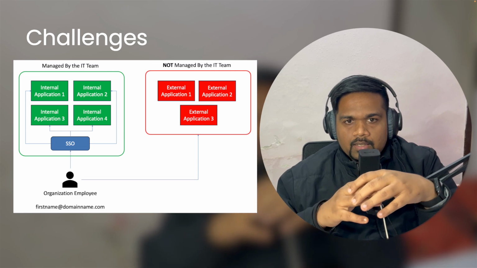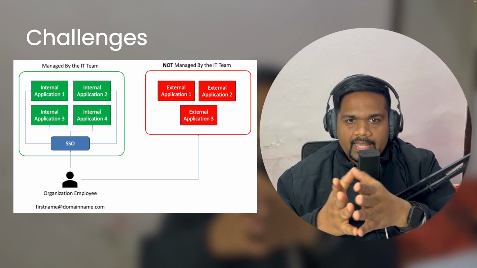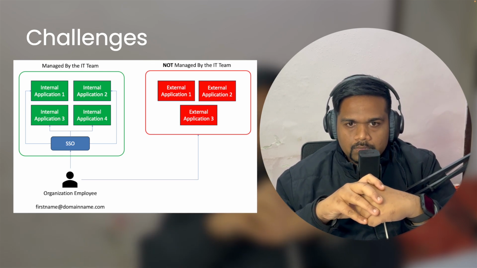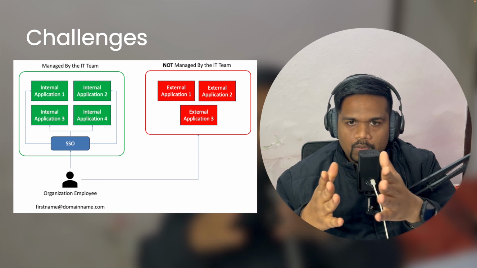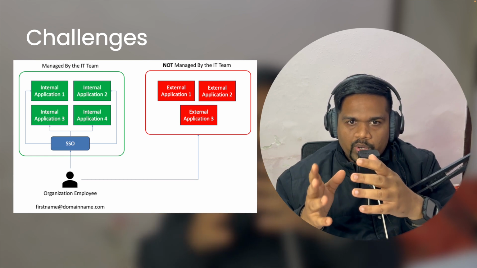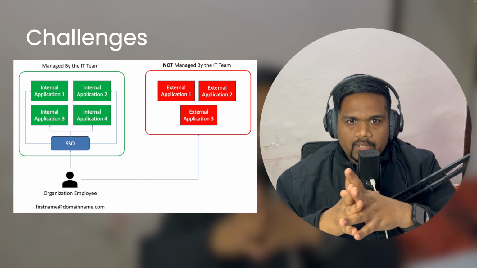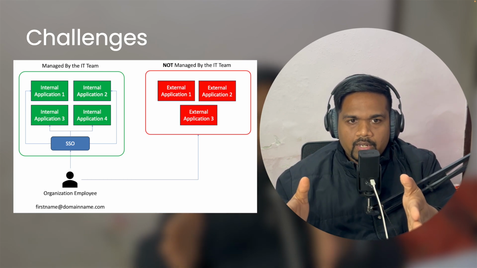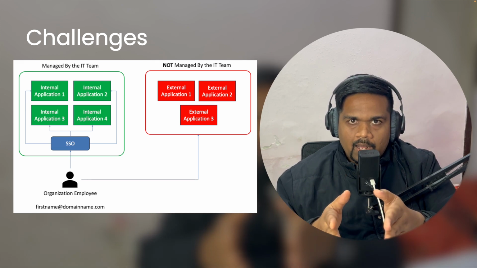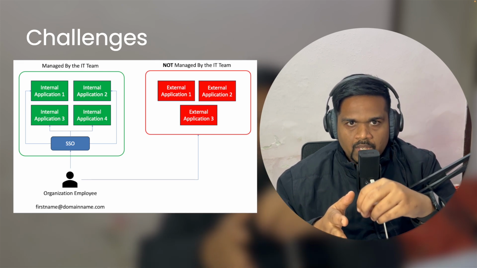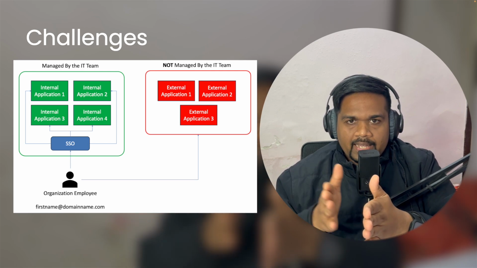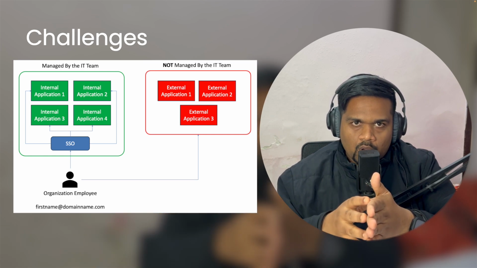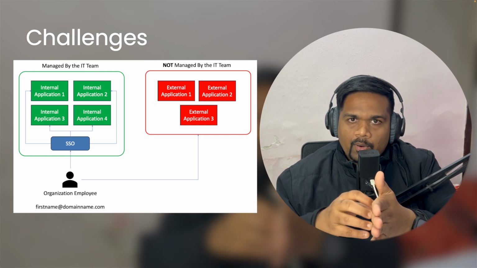But now consider there is an employee who joined a company on 1st of January 2023, right? And he worked for 1 year till 31st of December 2023. In that entire tenure he worked in all the in-house applications with the SSO. But he also used some applications for his office work outside of the SSO.